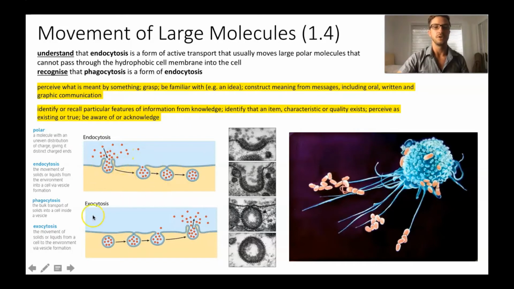Then it has its own term, and it's been described as like the way in which a cell eats. It ingests solid particles. We give it its own term, phagocytosis. And you can read more about that on page 18 in your textbooks. Here we have a few key terms down the side that you can add to your glossary as well.